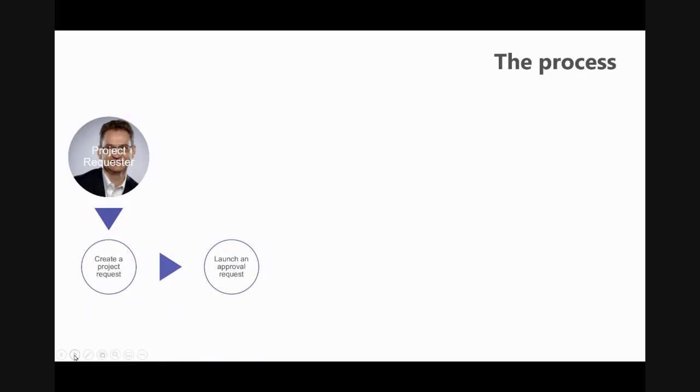I will then launch an approval request to ask, for example, my manager, or in real life maybe a committee of people who can decide for the company which is a good topic to launch a project on. So in the example, we will have a project approver, and this person will accept or reject the project, and he will be able to assign a manager.